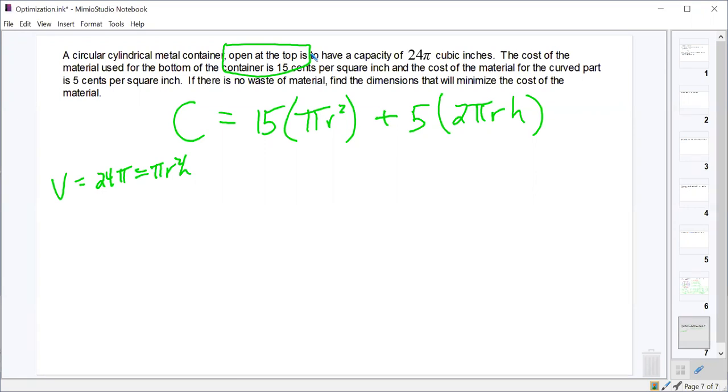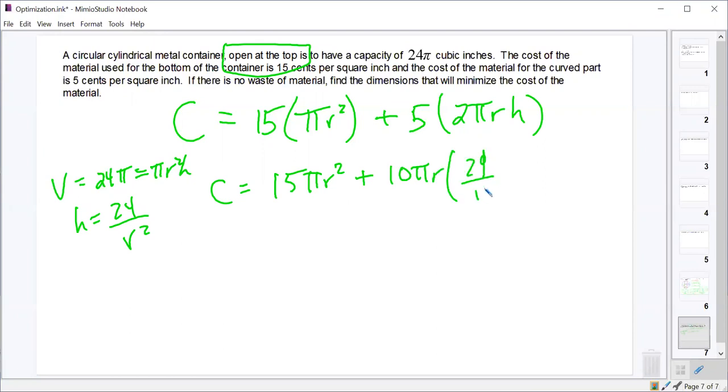And so we'll divide by the pi, we'll divide by the r squared, we get h equals 24 over r squared. So our cost equation now becomes 15 pi r squared plus 10 pi r times 24 over r squared, where cost is 15 pi r squared plus 240 pi r to the negative 1.